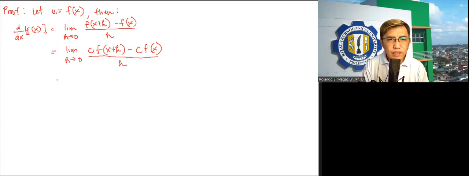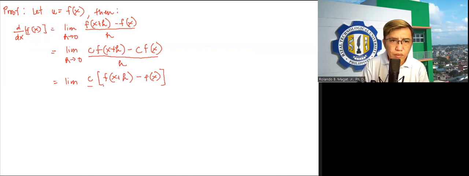Notice that the common factor is c, so I'm going to take the common factor. So we have the limit of c times f of x plus h minus f of x all over h.